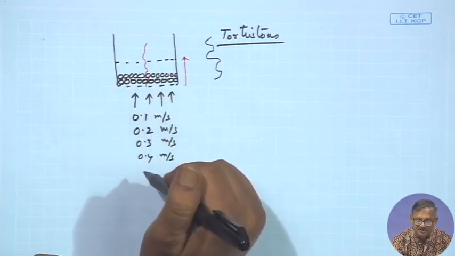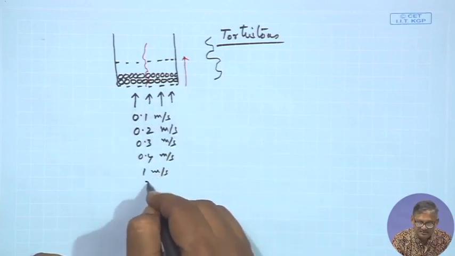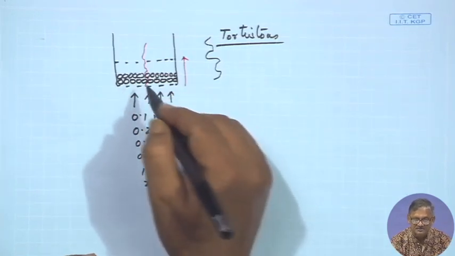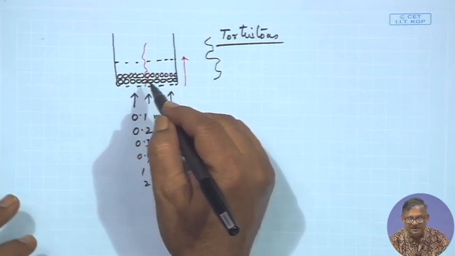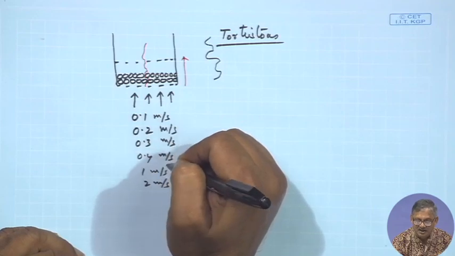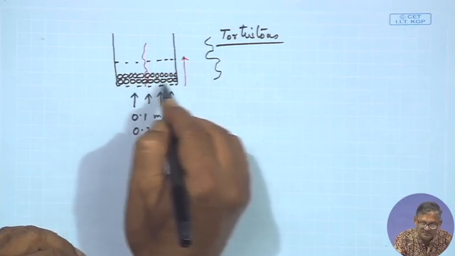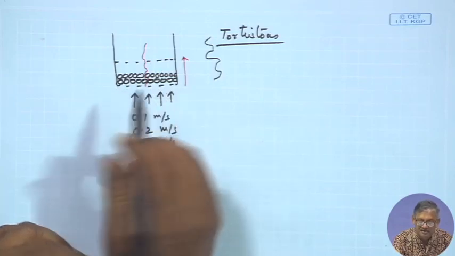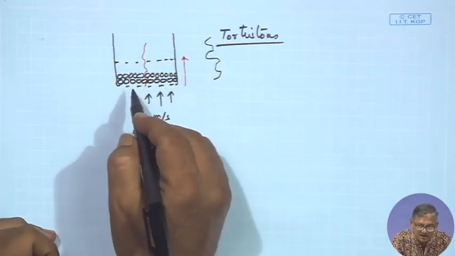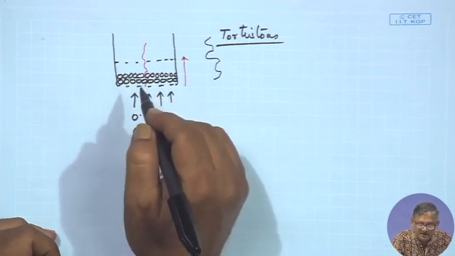There will be some velocity, that may be 1 meter per second, that may be 2 meter per second. That all depends on the gas used, the particles, the packing, and many other factors. So, at some higher velocity, these particles will feel that some thrust is coming from the bottom, and they will start a gradual little movement upward.